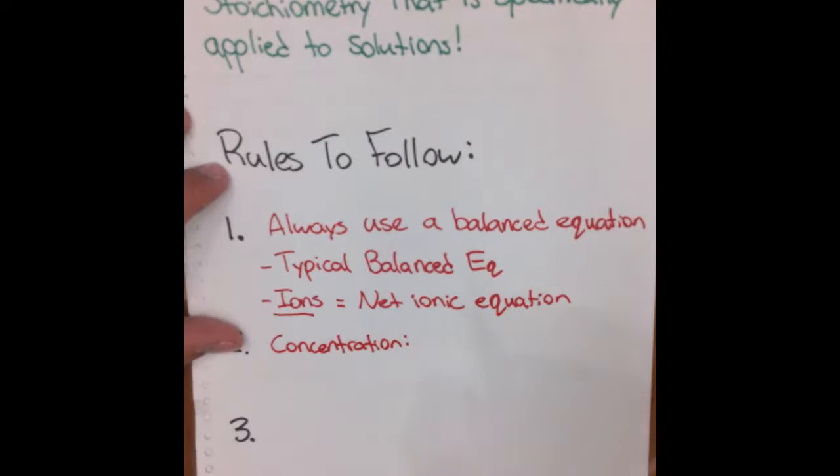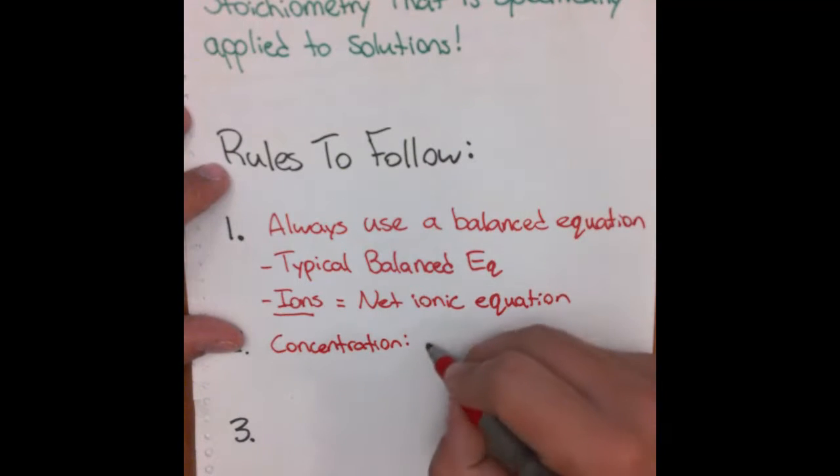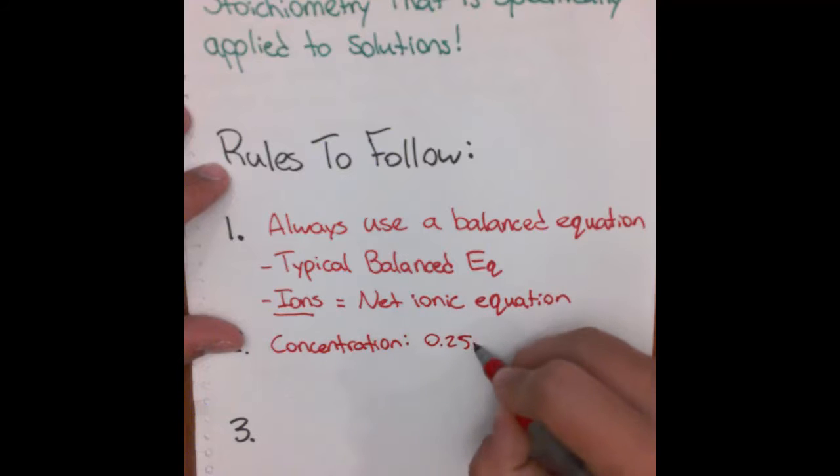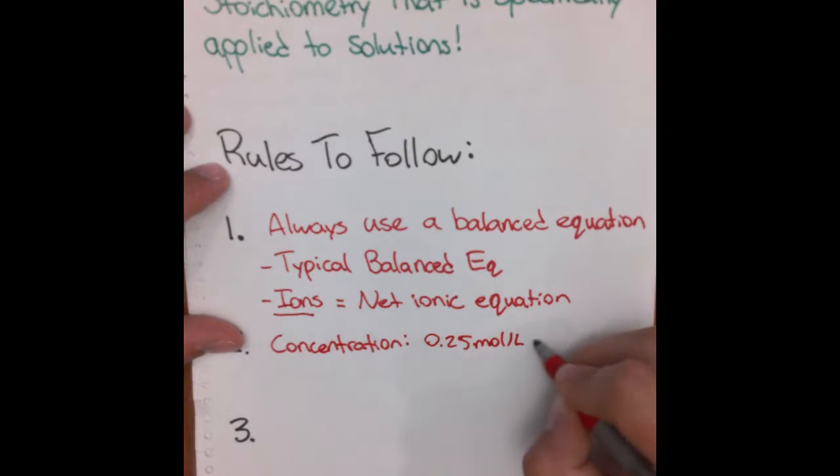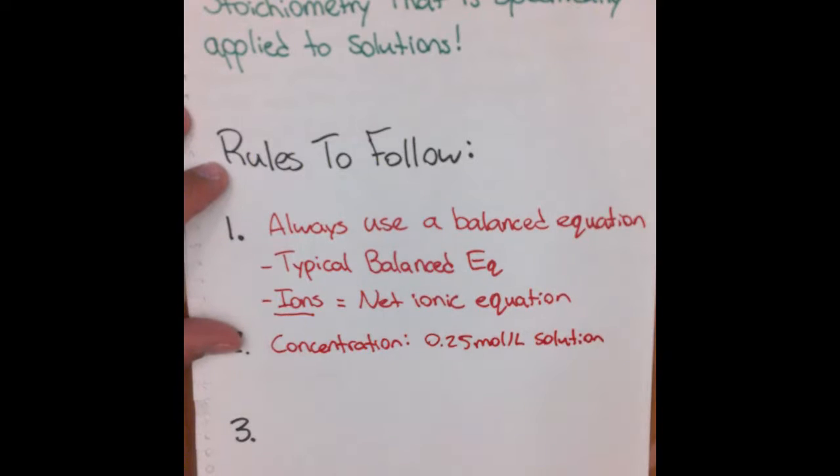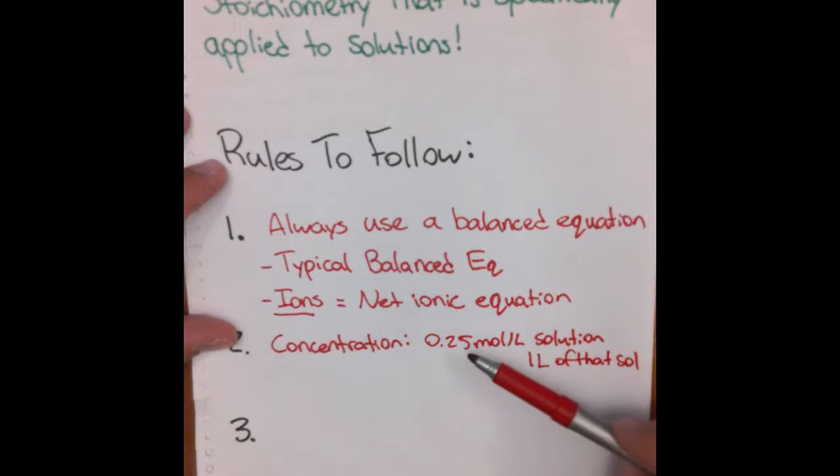Instead we may be given something like a 0.25 mole per liter solution, and let's say we're given 1 liter of that solution. We need to be able to convert from 0.25 moles per liter and a given volume to determine the number of moles present.